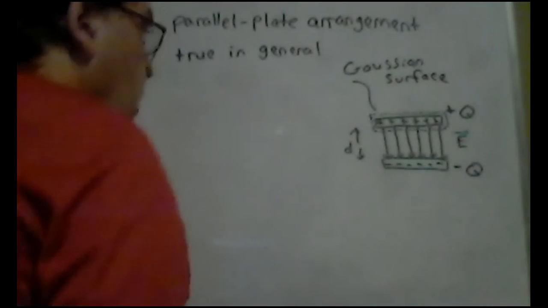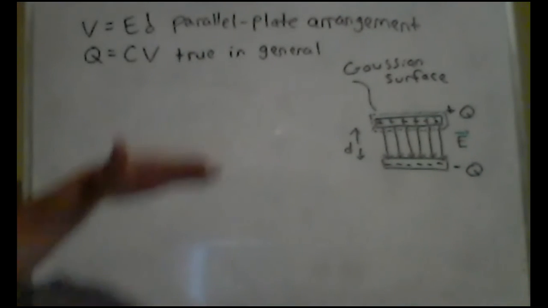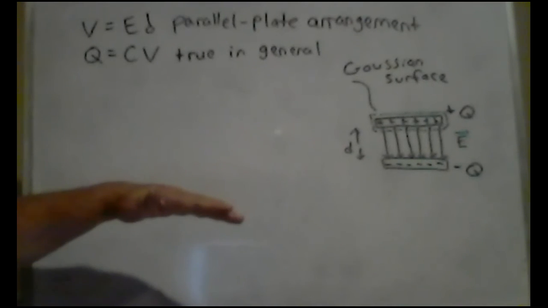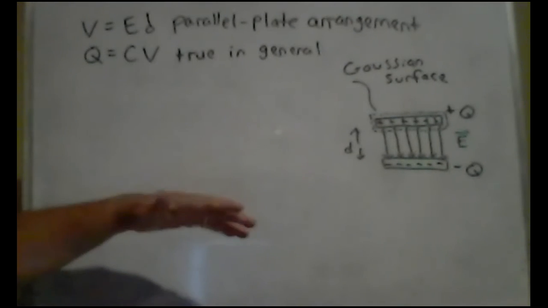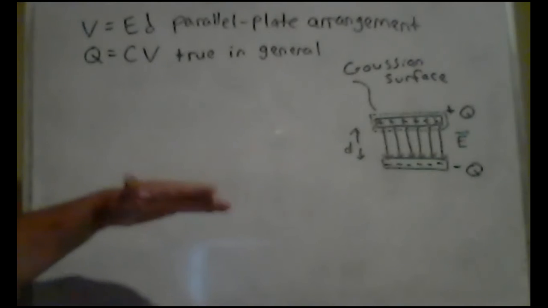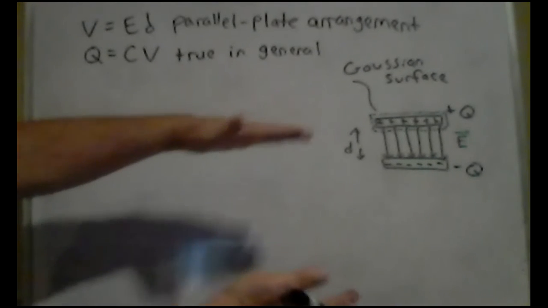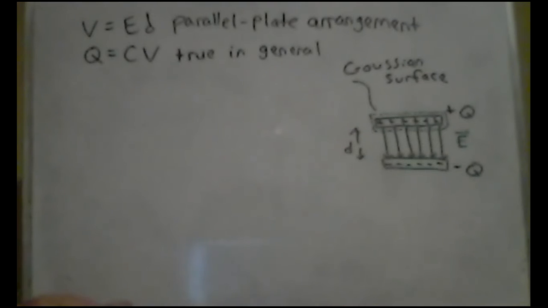Now, remember, these are conducting plates. So the charges are actually on the surface. Even though my drawing is not very good, there's never charge inside of a conductor. It's only ever on the surface. And the positive charge and negative charge are going to be as close together as possible. They're going to be on the internal surfaces.